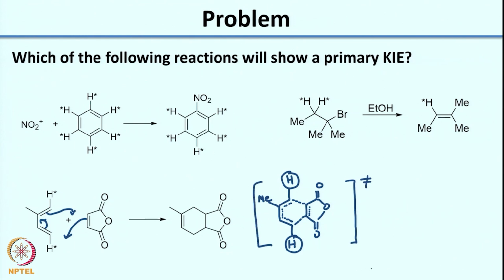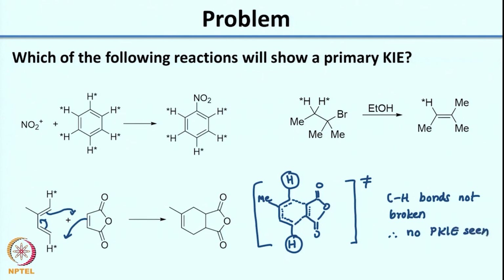Now, looking at the transition state, are the CH bonds broken? No. So the CH bonds are not broken. Therefore, no primary kinetic isotope effect will be seen.